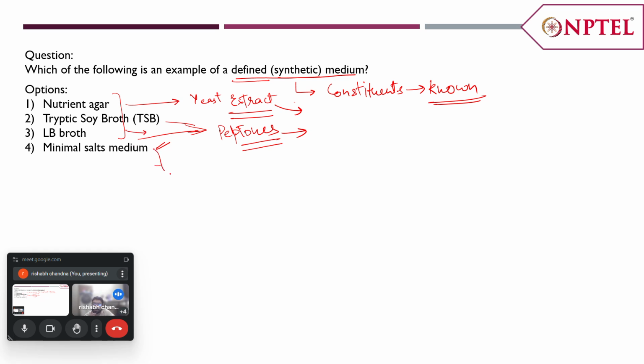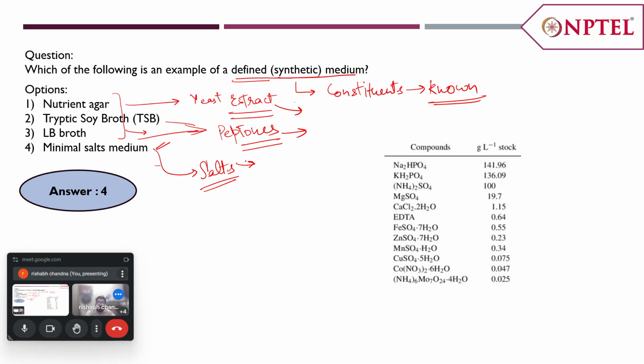The minimal salts medium has different salts that are required for the microbes to grow. So the composition of this minimal salts medium we know, and the composition is mentioned here. This is M9 medium basically, and there are different minimal salts media that have different compositions. Here we have the different forms of ammonium salts, magnesium, calcium salts, the EDTA, iron, zinc, manganese salts.